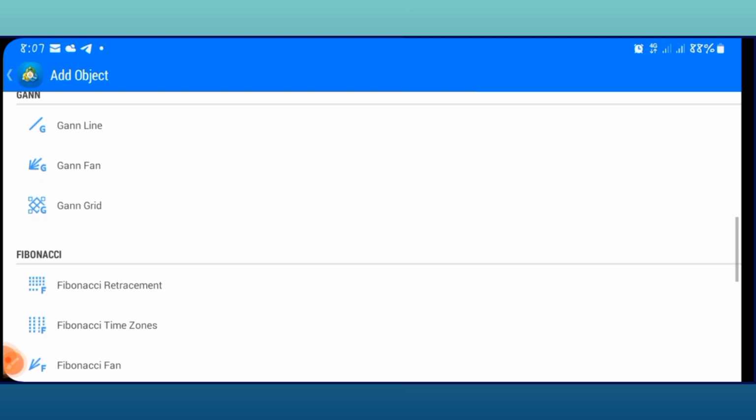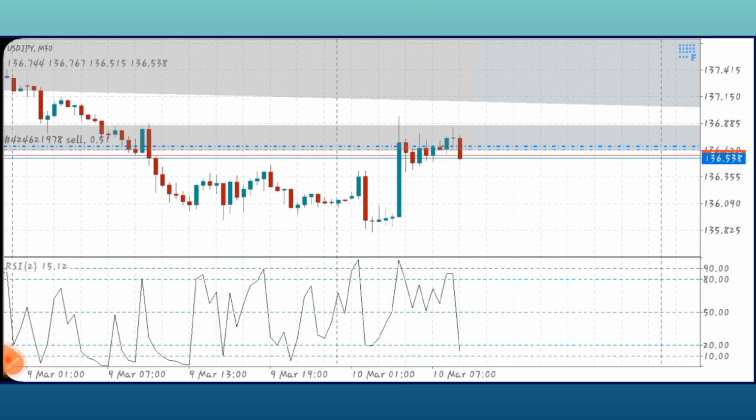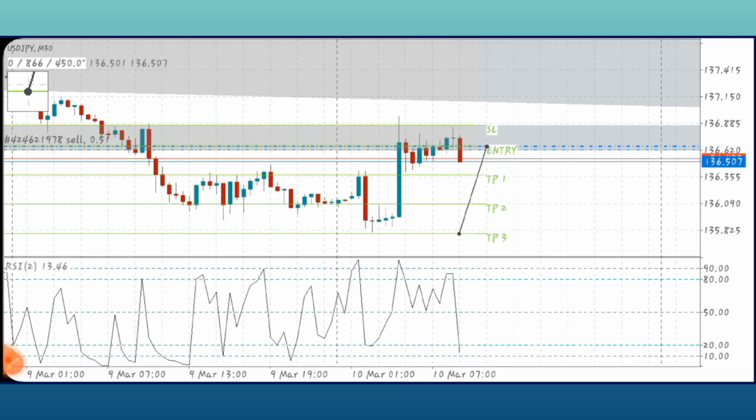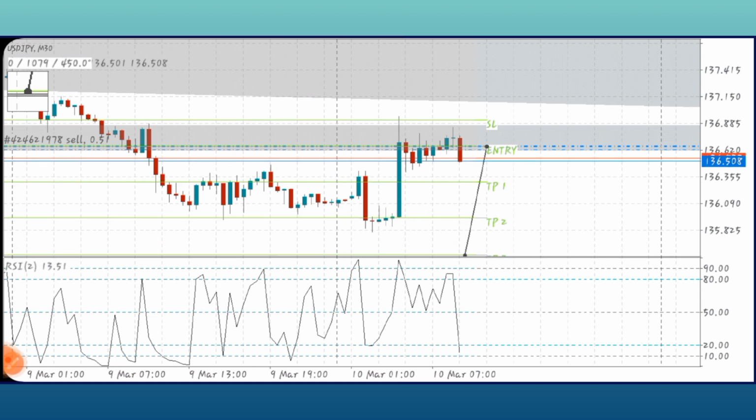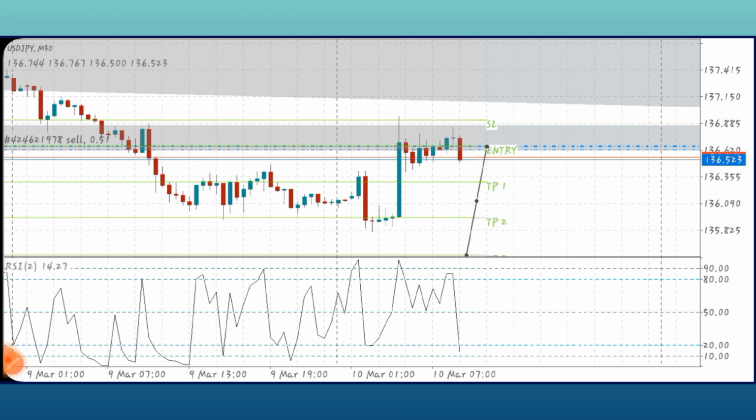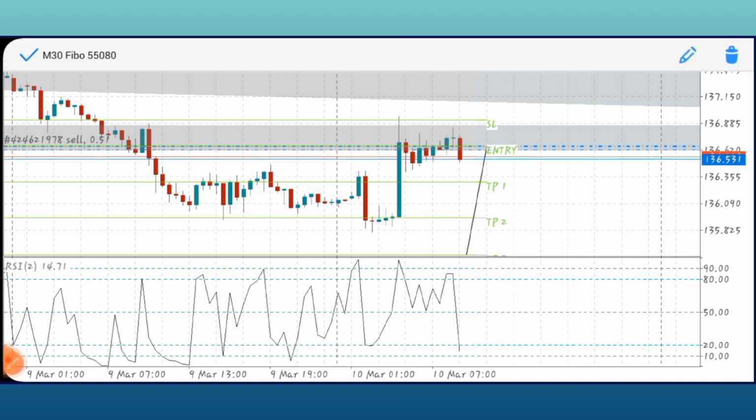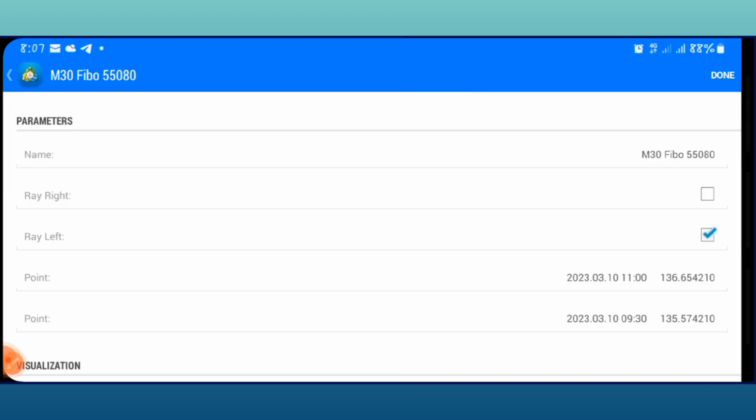So at this point I will take my Fibonacci retracement to trace and find out where I will place my stop loss and choose between. I usually use my second take profit level.